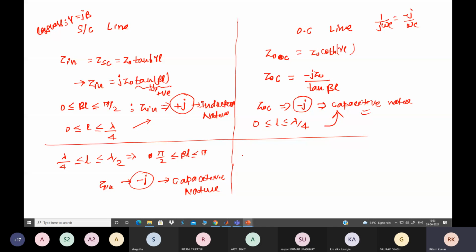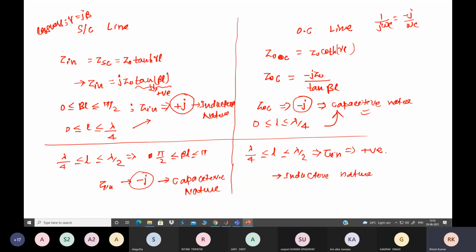Now if you apply the same here, lambda by 4 to lambda by 2, at that situation Zin will be what now? Positive, because the denominator is a negative value and the numerator is also negative, so it will be some positive value. So we can say this transmission line acts as an inductor, or it is of inductive nature.